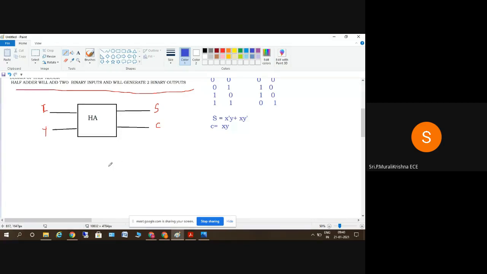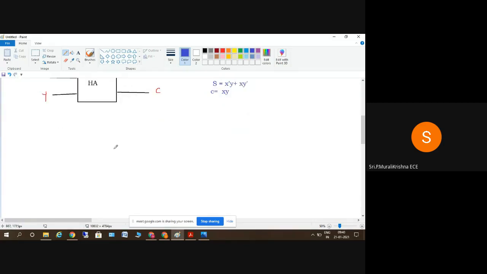So S is equal to x bar y plus xy bar. For x bar y, x bar and y are given to an AND gate.